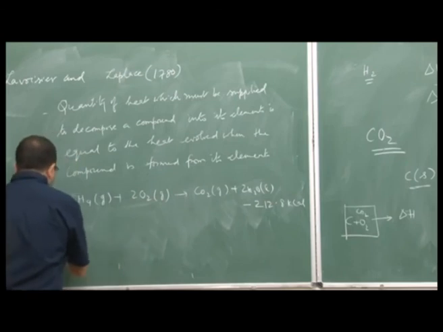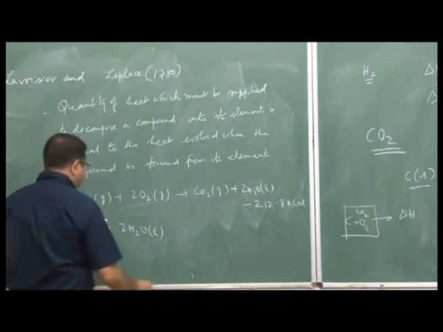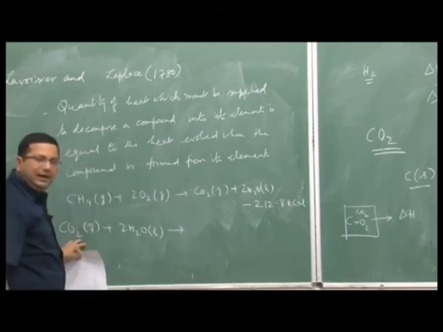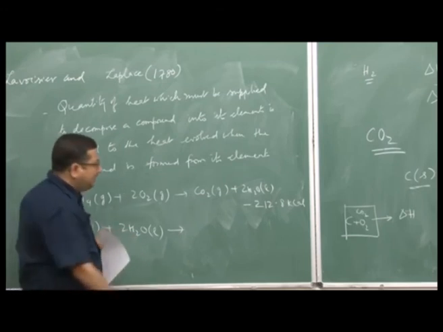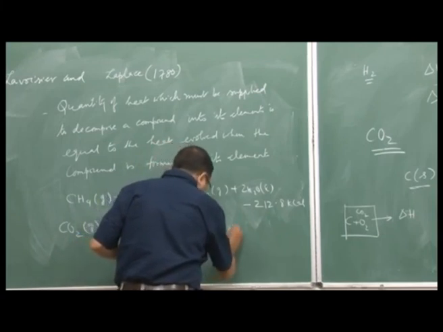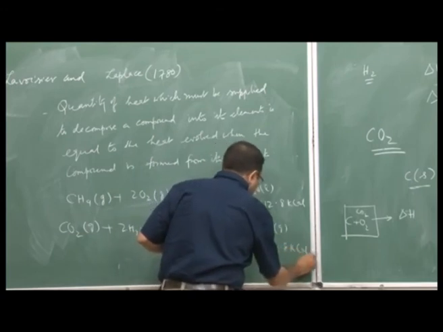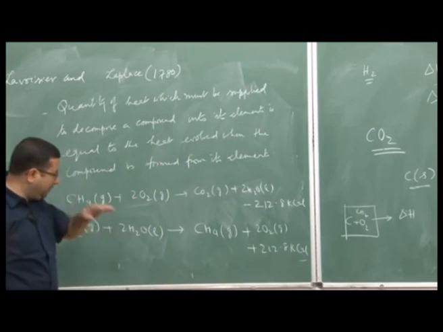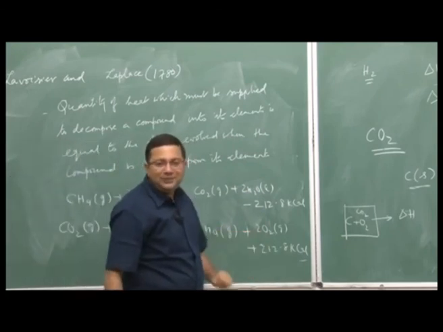If I look at the reverse of this reaction, CO2 gas plus 2H2O liquid, if I take carbon dioxide gas and liquid water and supply this amount of heat, I should be able to get theoretically methane and oxygen back.